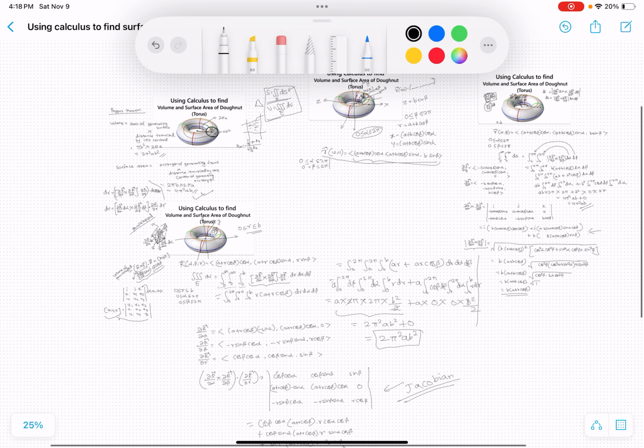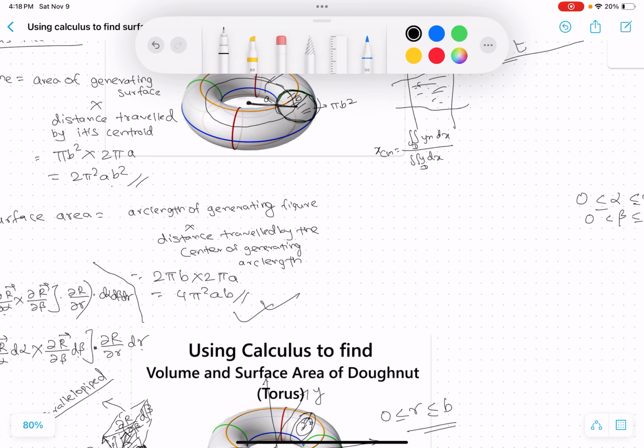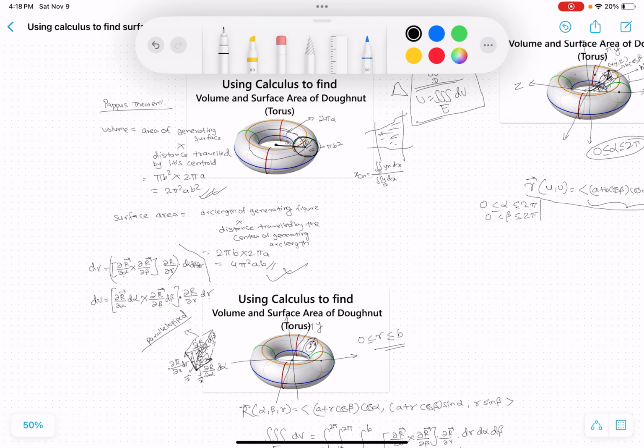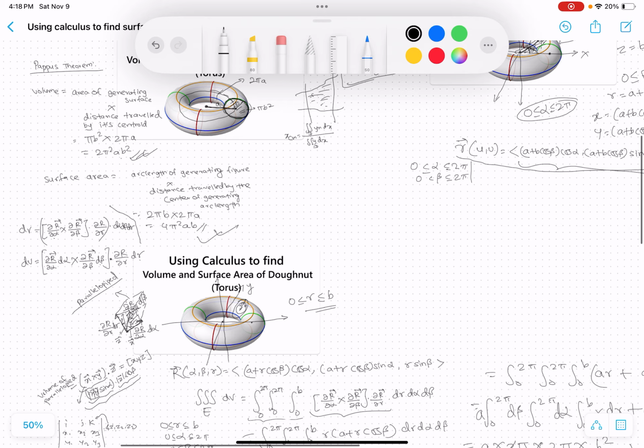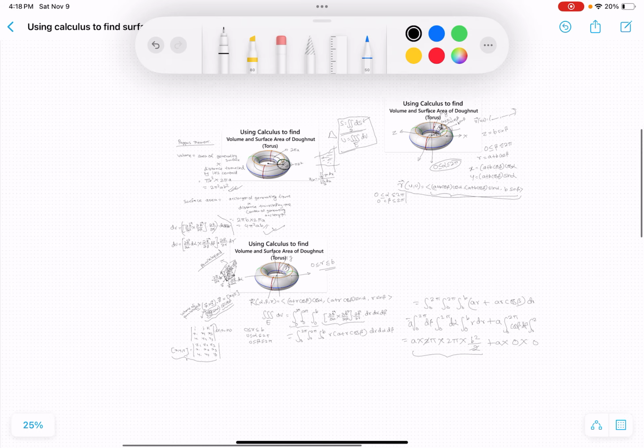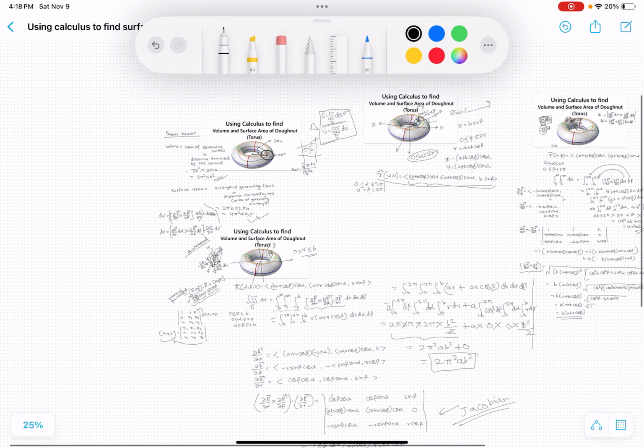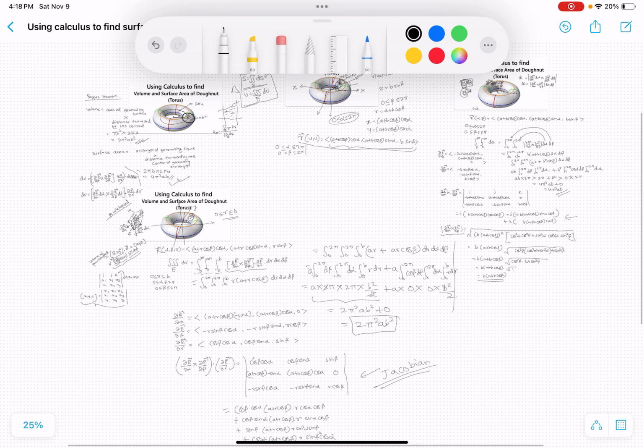So yeah, we have finally used calculus to derive all this, and that was a lot of work actually to parameterize this and to derive the surface area element, volume element, and all those things.